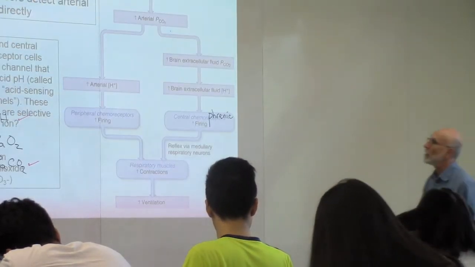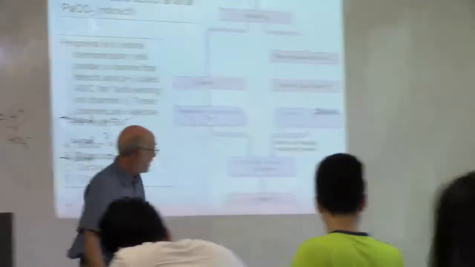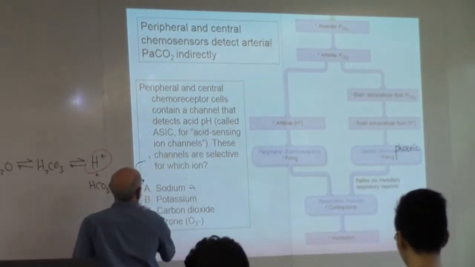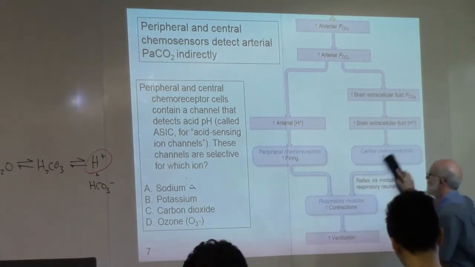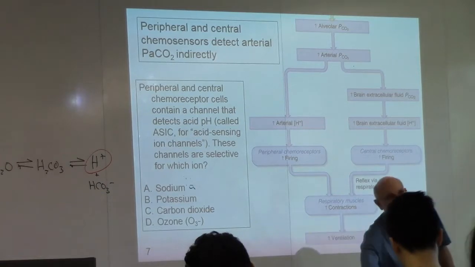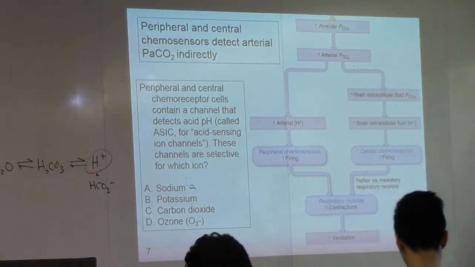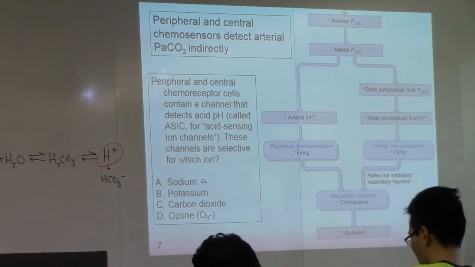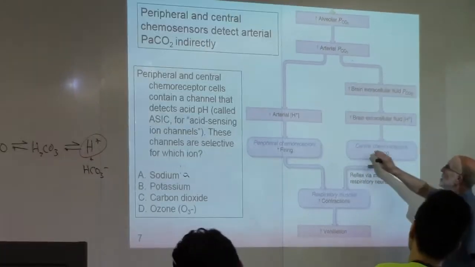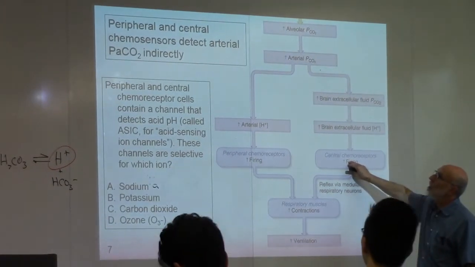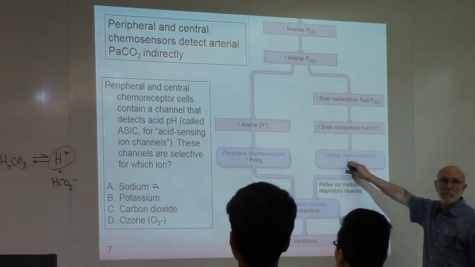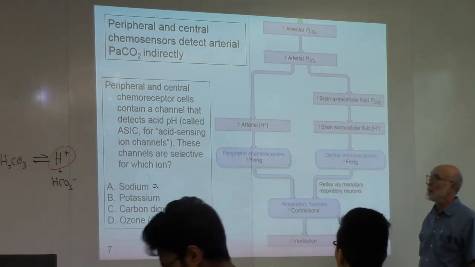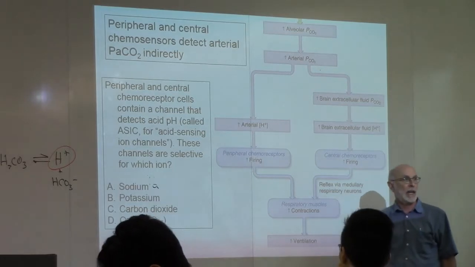So here's a clicker. Let's activate a little bit here. This image is just a piece of the previous slide. Peripheral and central chemoreceptors contain a channel that detects pH. It's called ASIC, for acid sensing ion channel.